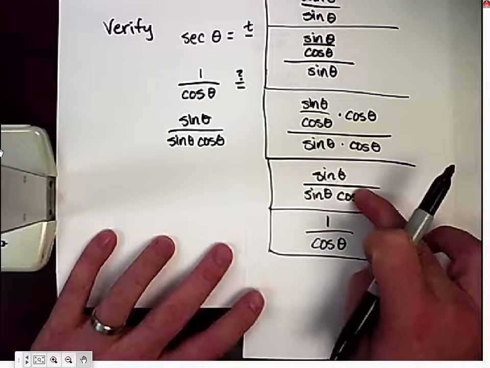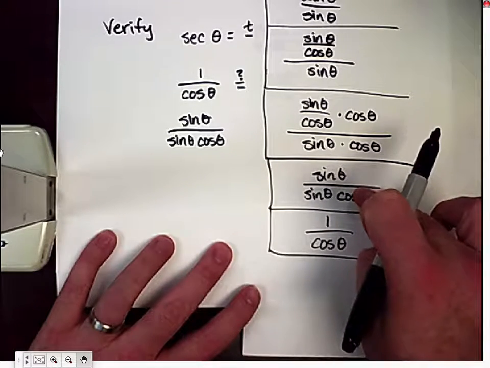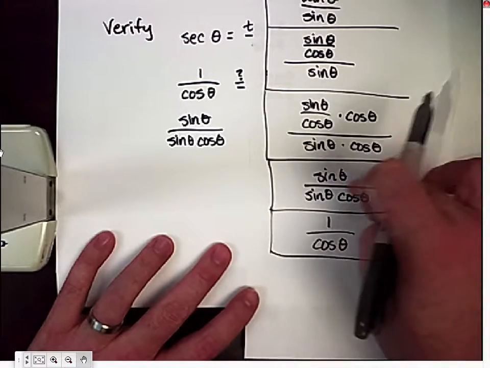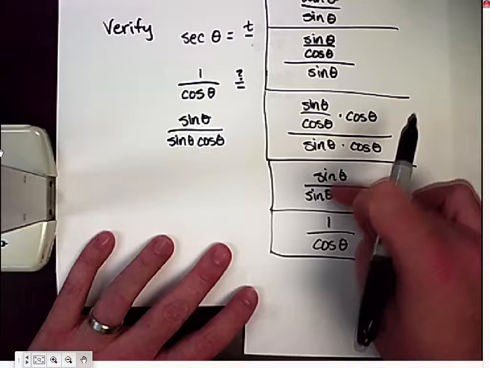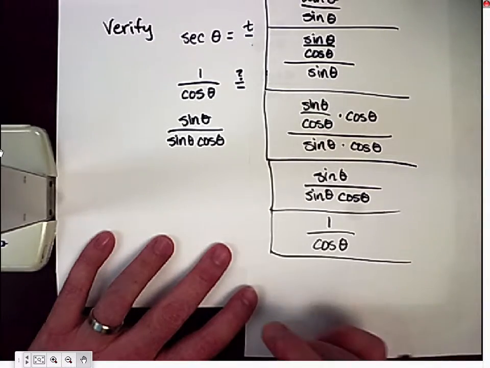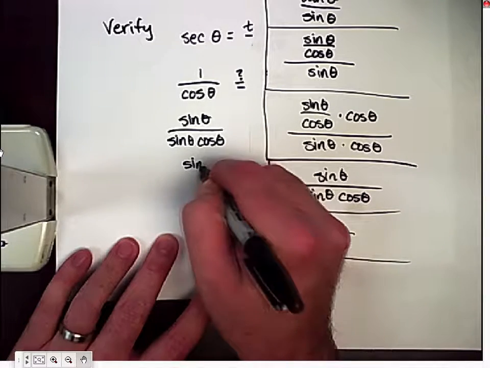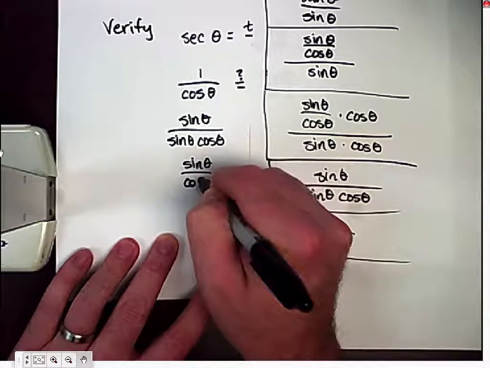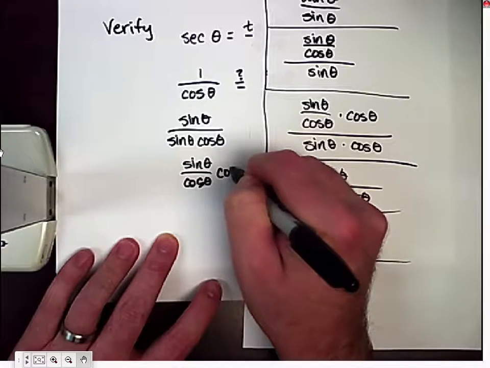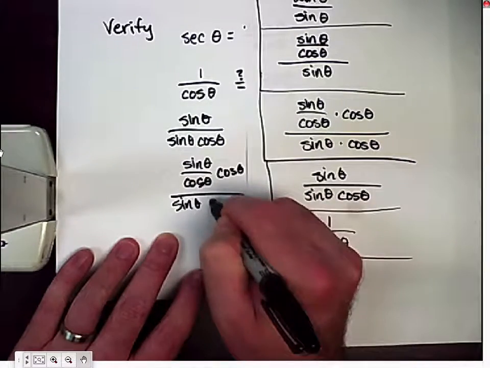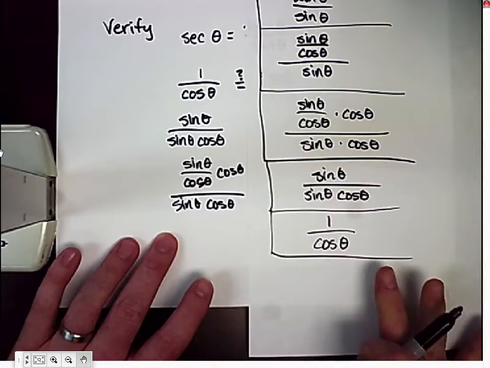Then in place of that, I could write this. So in place of sine, I'm going to write sine over cosine times cosine. So that becomes sine over cosine times cosine over sine theta cosine theta. Right?